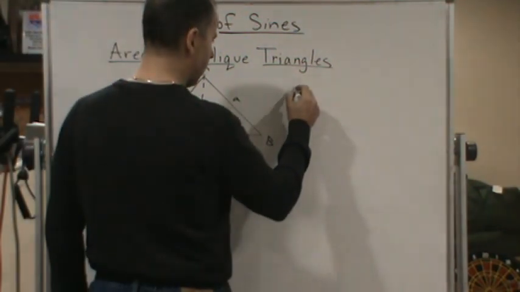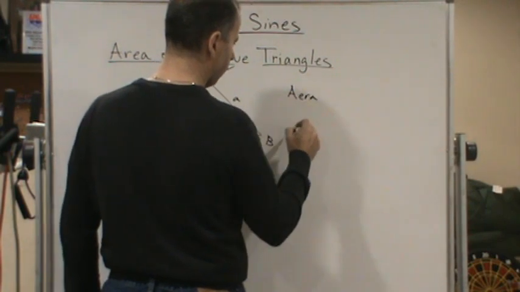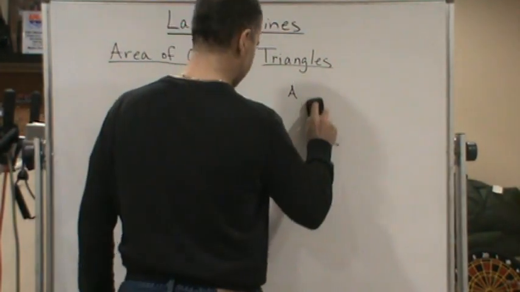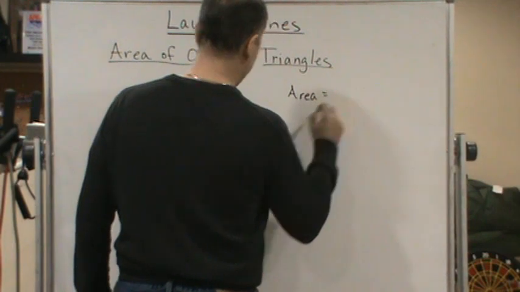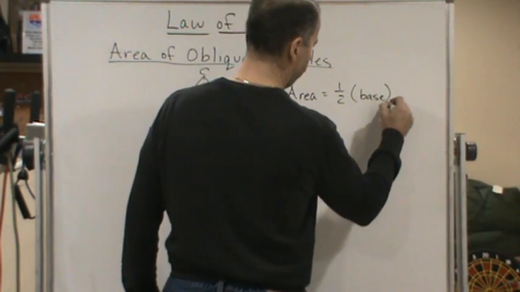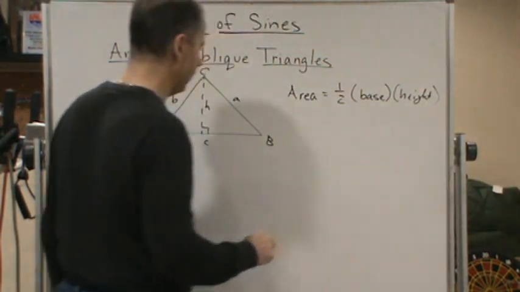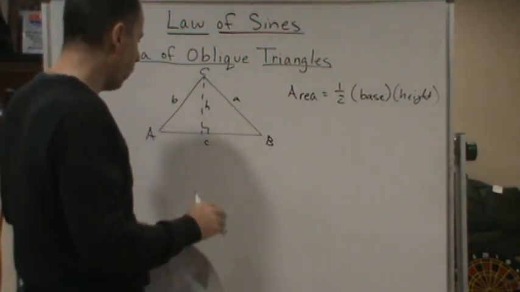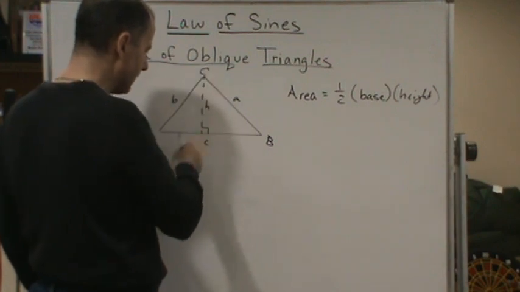So in this case, the area is 1/2 base times height. Now, what's the base? The base is c, and the height is h.